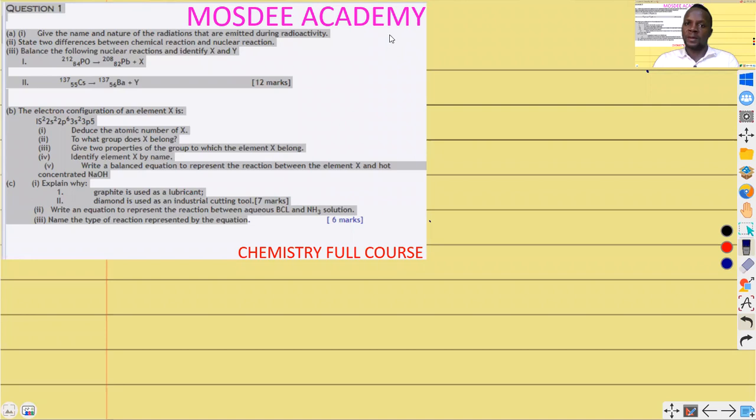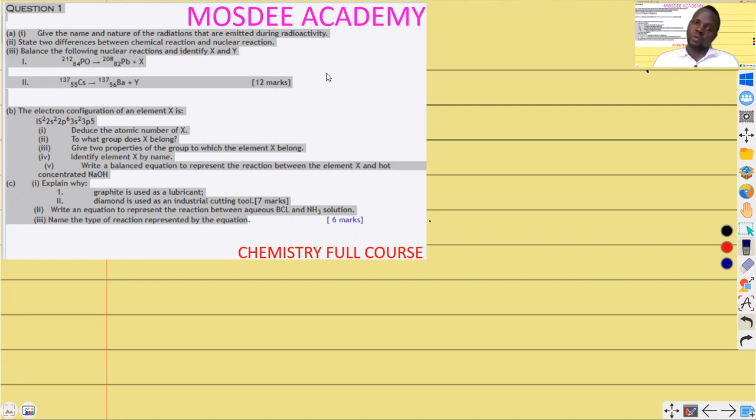Alpha, beta, and gamma. And please be careful about the sign. If you are using the sign, it is also another important thing. So if you know how to draw the sign, you can go by that too. So there are two things: the name and the nature, which is most importantly. Alpha is called the helium particle. We've discussed that.